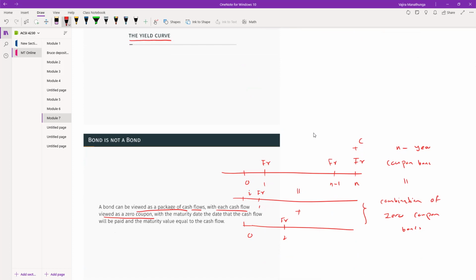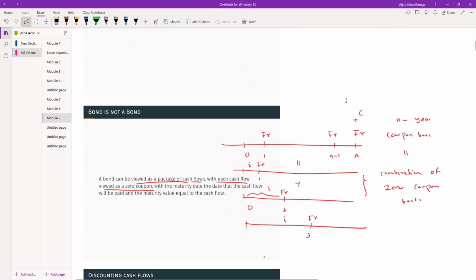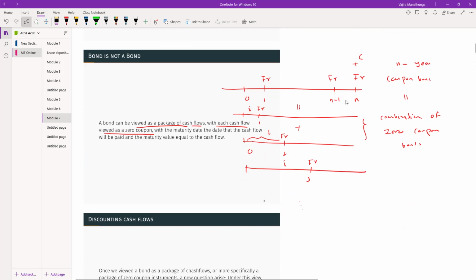Here I use rate i, then here I use the same rate to discount, then for the 3-year cash flow I use the same rate to discount. If I continue, the last one is the n-year one, which has FR plus C, and I use the same rate i to discount. The rate i is found by making the sum equal to the price. That would be the yield to maturity.